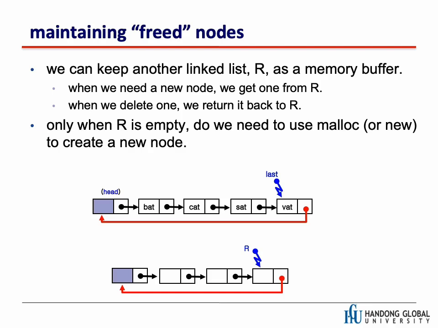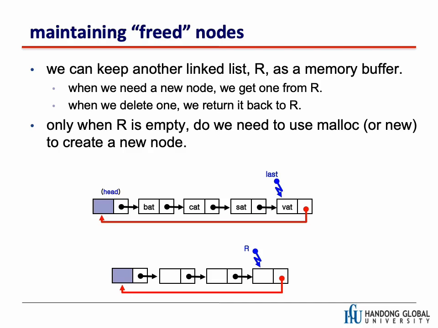When we delete one node from our linked list, instead of deallocating that memory space, we just change the pointer. Let's assume that in this graph, we want to delete the cat. Whenever we add a node to the memory buffer, we add it at the beginning of that list. When we delete the cat, bed will point to set, so cat is removed from our linked list.